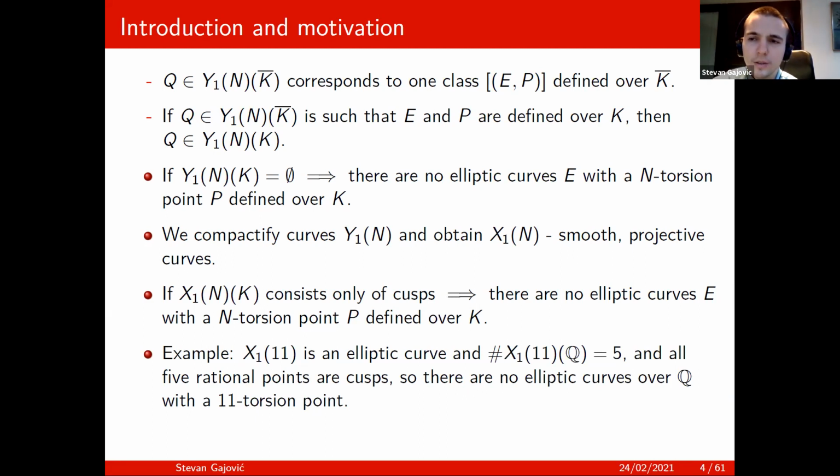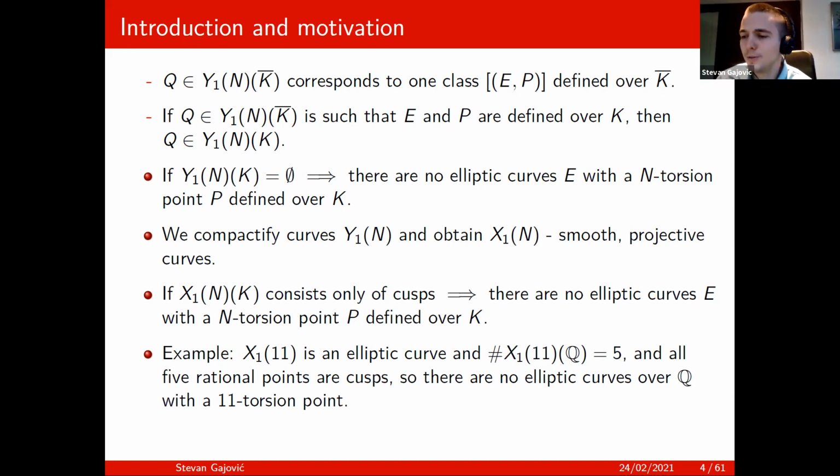Is it known for which n there are such curves and when there are no such curves? Yes, so for n less than or equal to 10, or 12, there are elliptic curves over Q with an n-torsion point. And that was over Q.